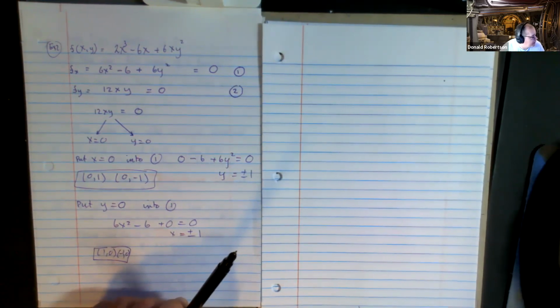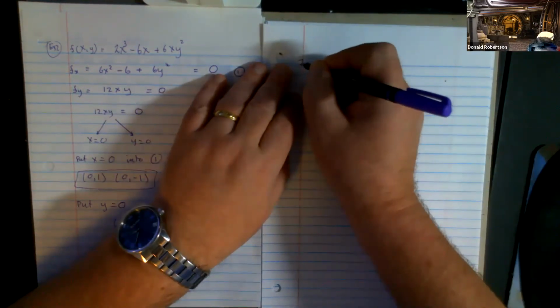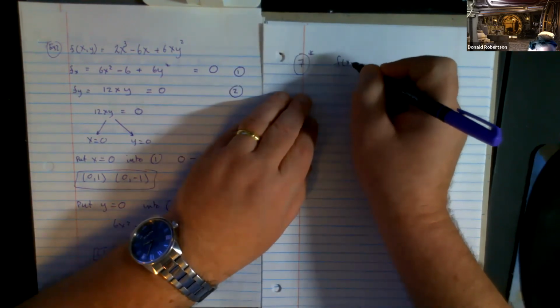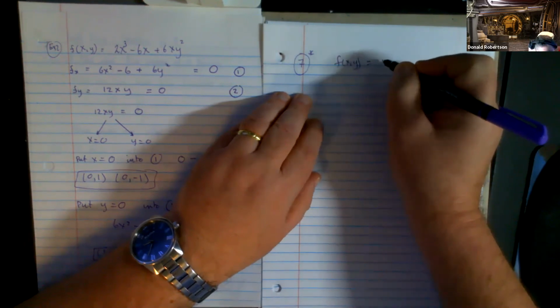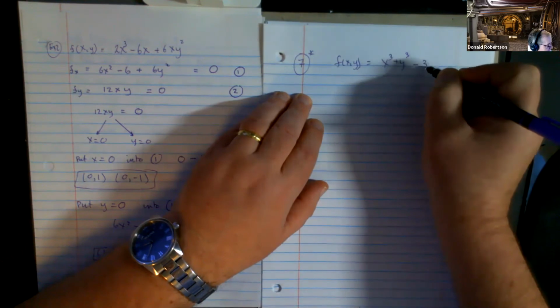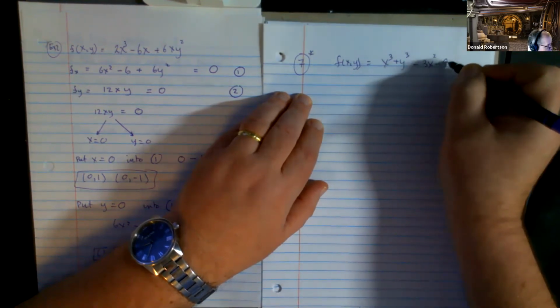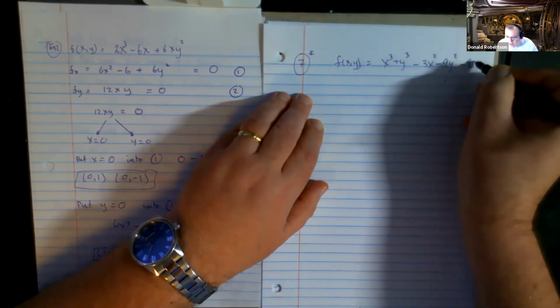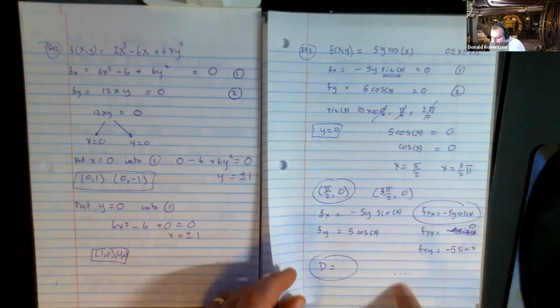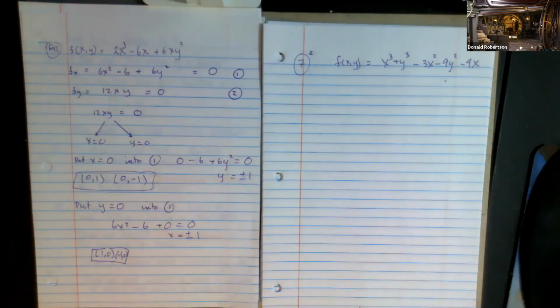So let me randomly pick a guy. This is similar to question 7. It's x cubed plus y cubed, take away 3x squared, take away 9y squared, take away 9x. And I'm only going to do the point where we'd start doing dot, dot, dots, so I'm not going to do the whole question.